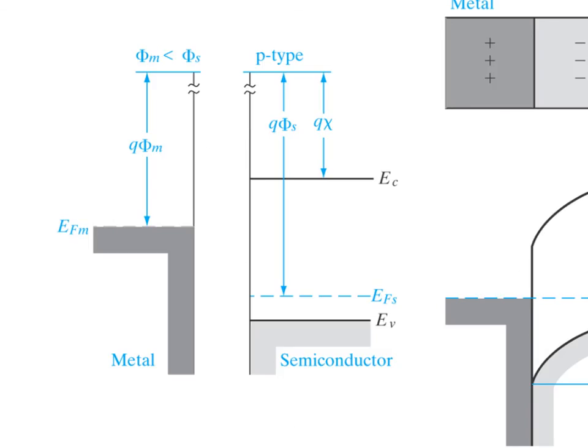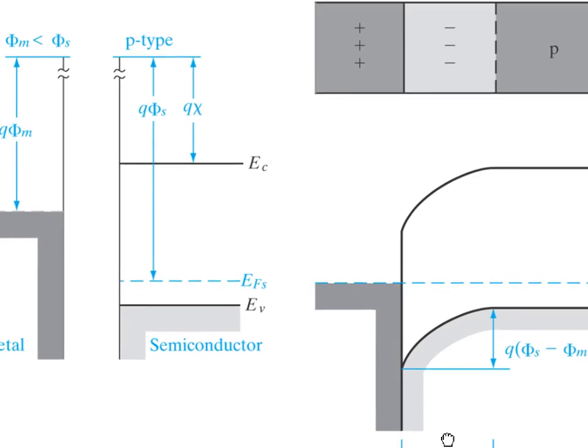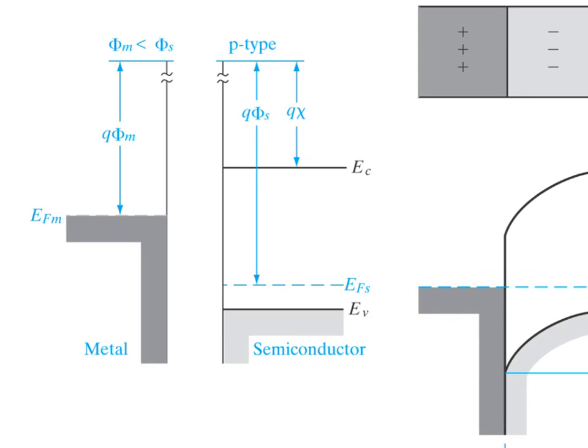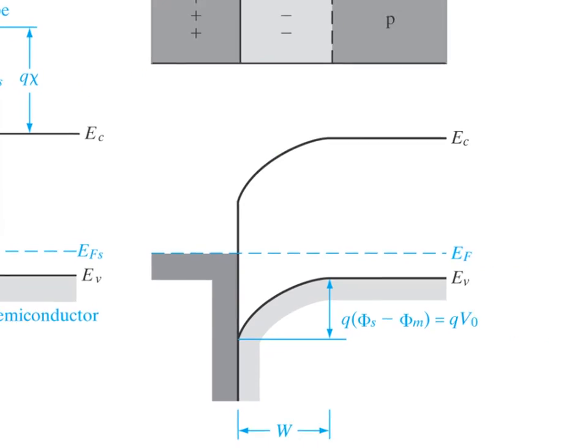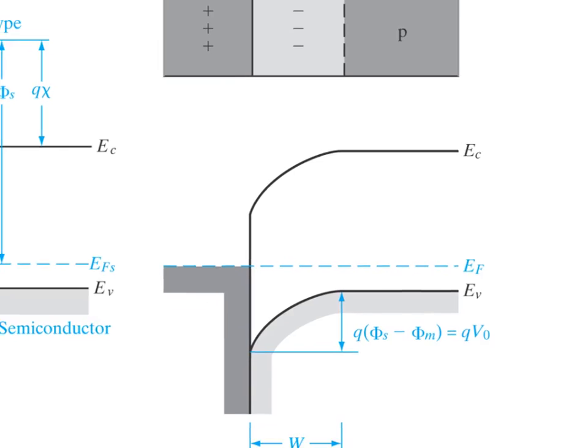In the semiconductor side, you have the conduction band and the valence band here, and the semiconductor work function there. And when the two Fermi levels meet up with each other, the band bending looks like this. It goes in the opposite direction. It bends down instead of up.